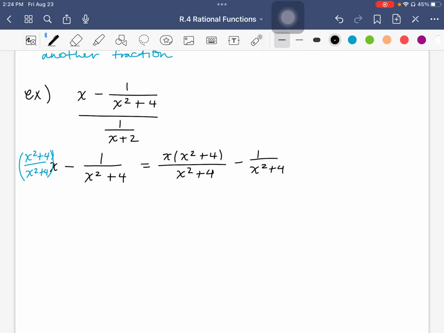And then now that we have a common denominator, we can subtract these guys. We have an x cubed here and a 4x there. So we have x cubed plus 4x, and then we have a minus 1 here, all over our common denominator of x squared plus 4.